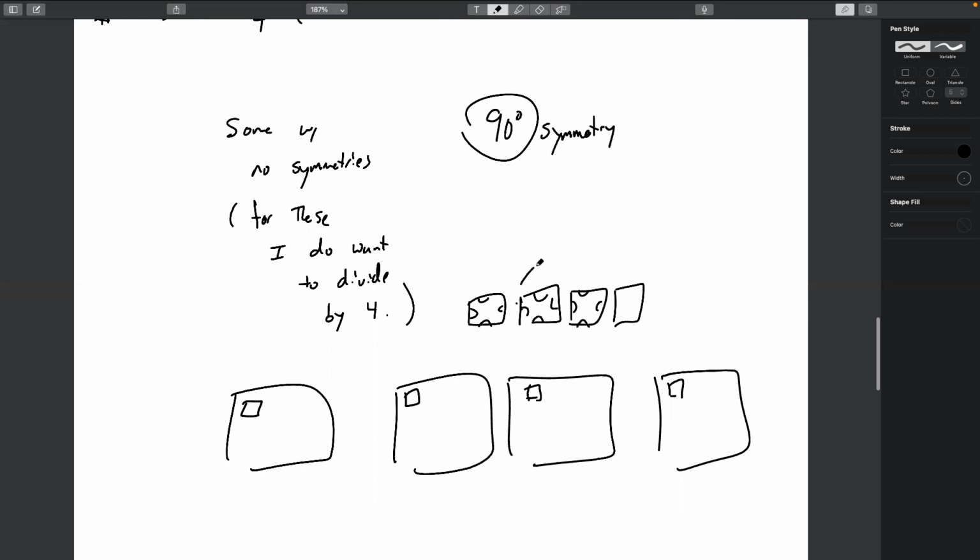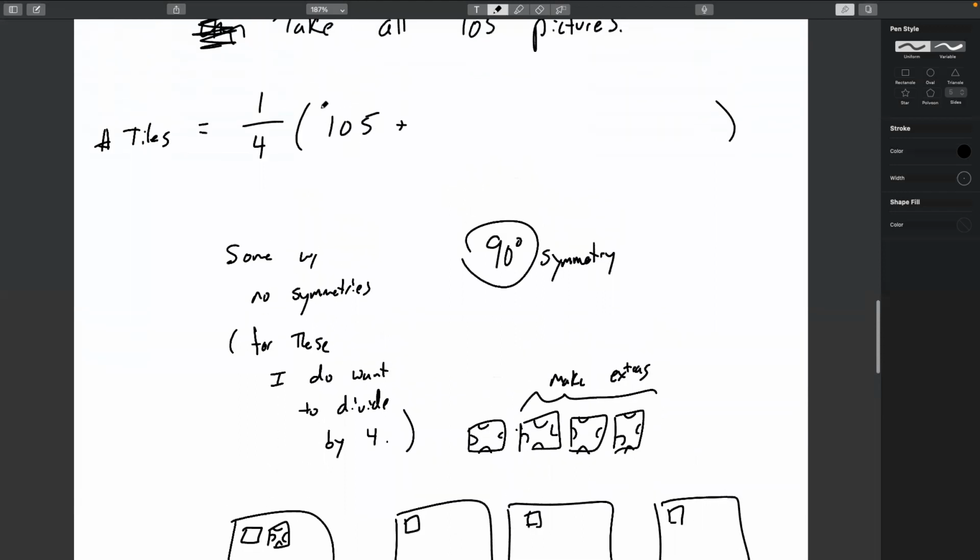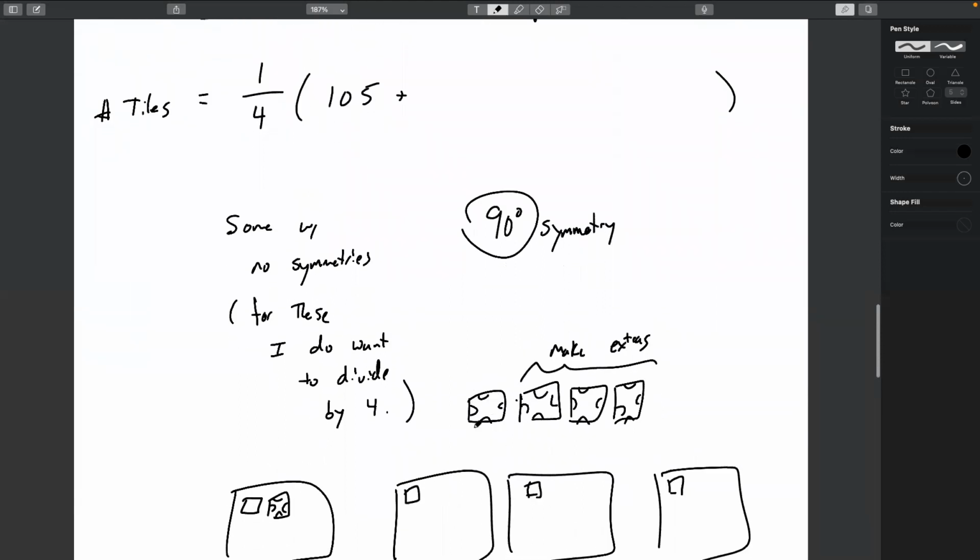I want to make some extras, so that now I can put 1 of them in each bin, so that when I divide by 4, I've got the right number of tiles. So already, this was all of the pictures, so I already have this as one of the things that I counted in here. I need 3 extras. So I'm going to do 3 times the number that are 90-degree invariant. After rotating by 90 degrees, they stay the same.